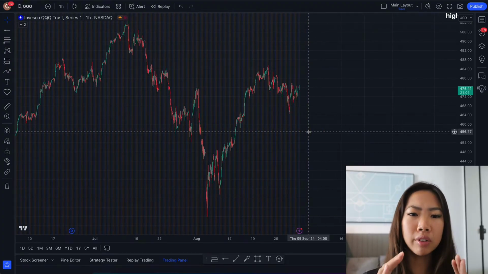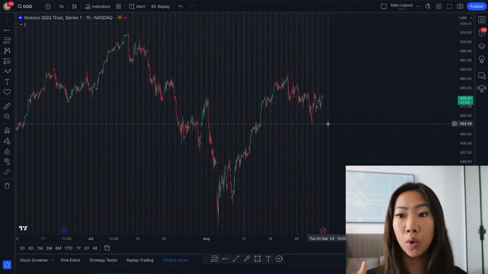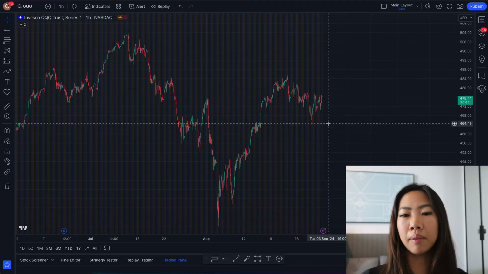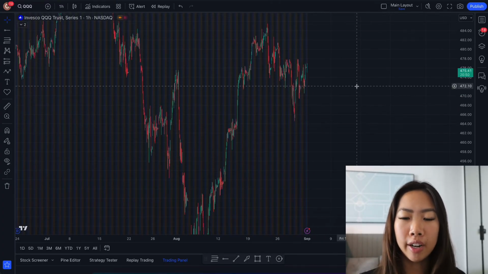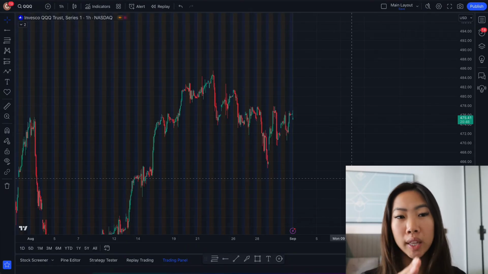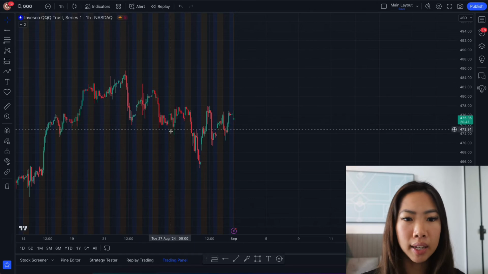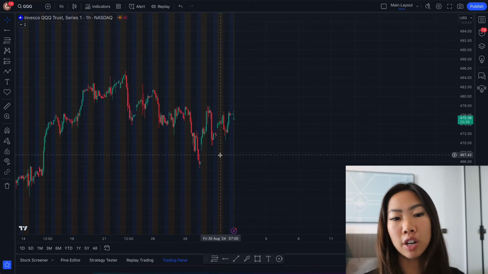But how do we read it individually, really zoomed in? How do we know whether tomorrow will be a bullish day or a bearish day? If we zoom into this area here, what I like to look for is market structure within the 1 hour time frame. All these little dips are market structure.